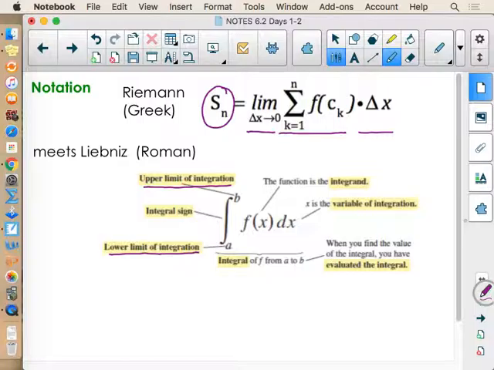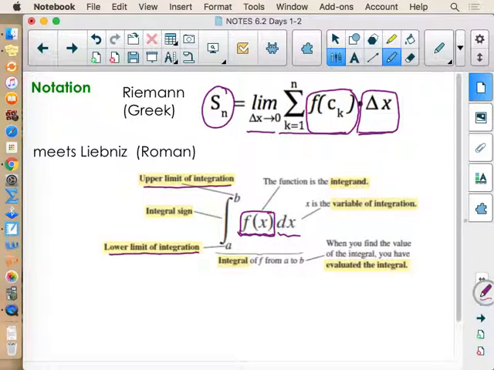We have to know what function we're using as all of our heights for those rectangles that we're adding up, so the function's called the integrand. And the reason that they don't put the sigma in there is they're saying that when you add up every single height from every single rectangle and take that limit, every single f of x value is actually represented. And dx, that's our variable of integration. It tells us what we're referring to, but you can also think of it as our delta x from up here, and there's our function for various input values.